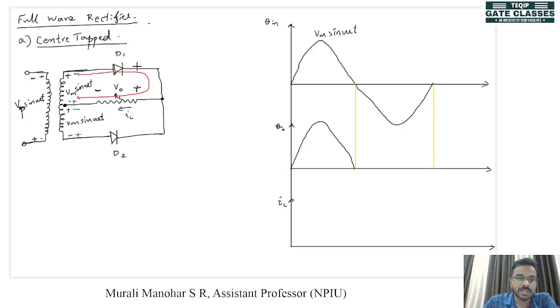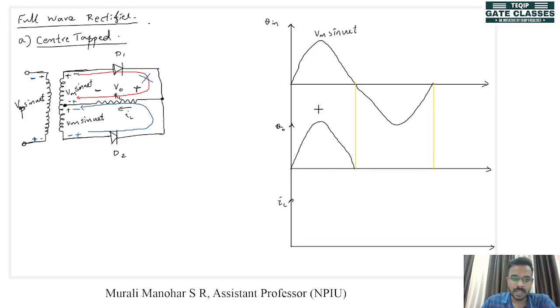So D1 stops conducting and D2 starts conducting, and when D2 conducts, the current flows in this direction. So here also we can see that the load current direction is the same as previous case. So the output will be as shown here only.